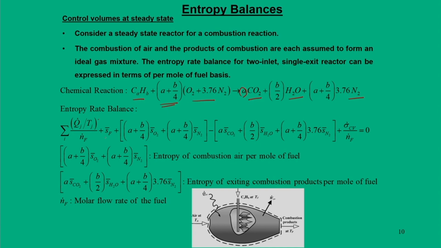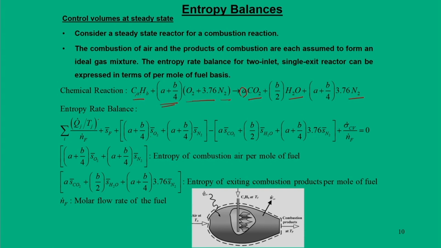Then S_F, that means entropy of the fuel. Okay. Then the other components that are there, here we have O2, we have N2. So, this number is for the fuel and this number is for O2 and these coefficients are for nitrogen.